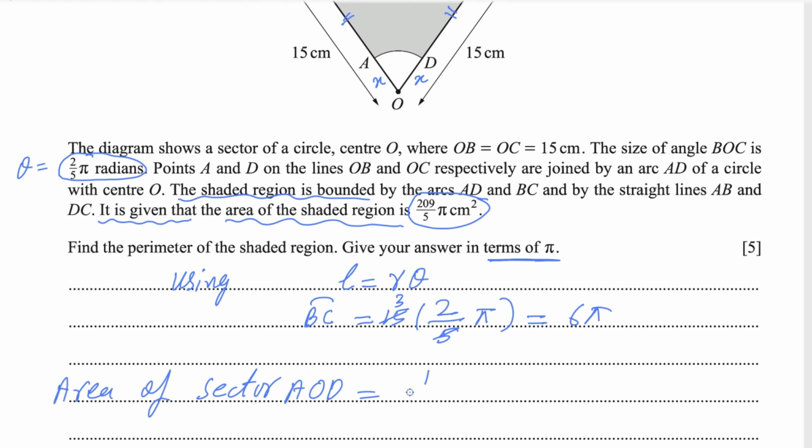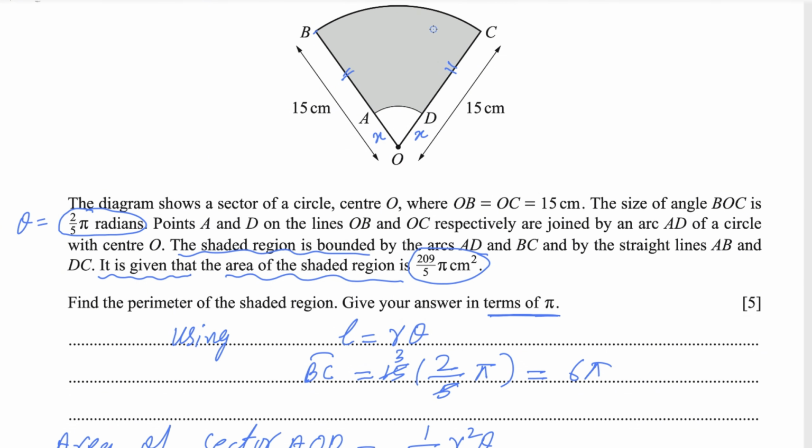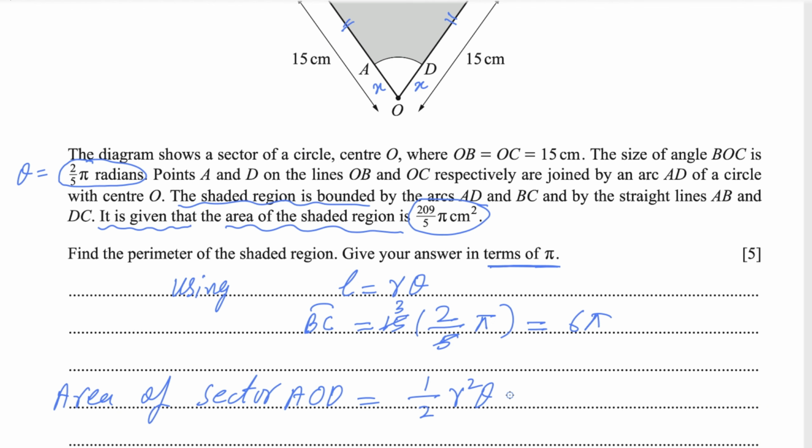The area of sector formula is 1 over 2 r squared theta. This is the area of the big sector BOC, minus the area of the shaded region, that is 209 over 5 pi. By using this, we could find the area of sector AOD.